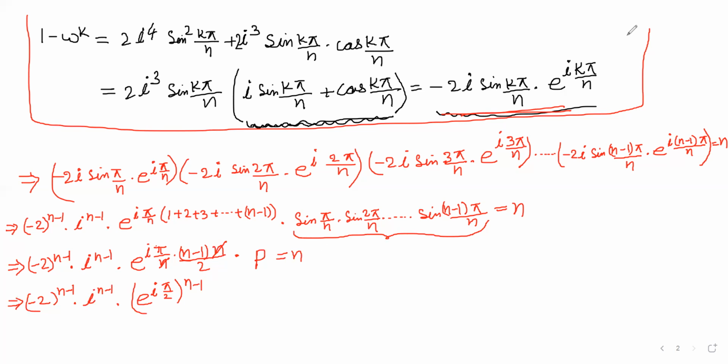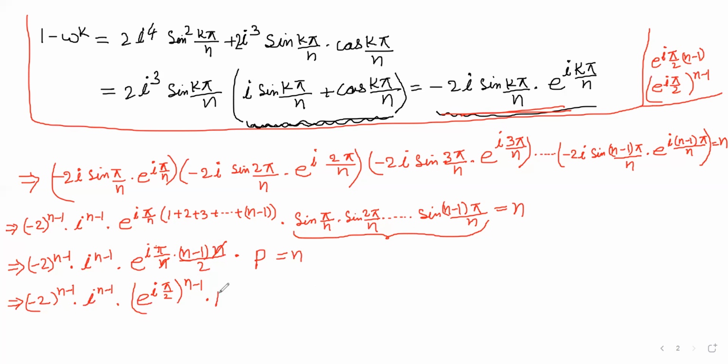Actually, what I have done there, if you have e raised to iota pi by 2 times n minus 1, you can write it as e raised to iota pi by 2 and whole to the power n minus 1. This is very simple rule from class 6, 7, right?